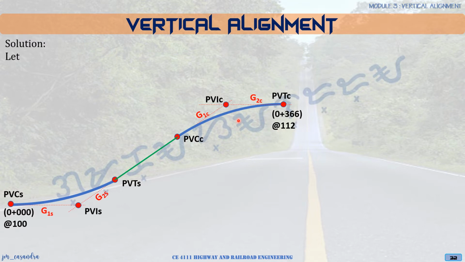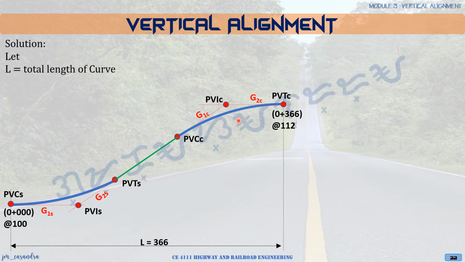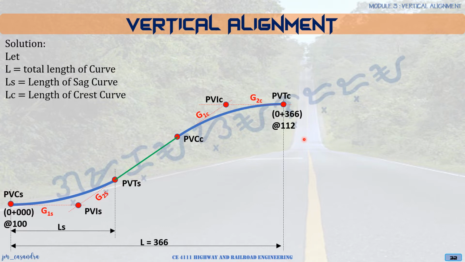For our solution, let L be the total length of curve, which is equal to 366, measured from the curvature of the sag to the tangent of the crest. Then we have LS, which is the length of the sag curve. LC is the length of your crest curve.